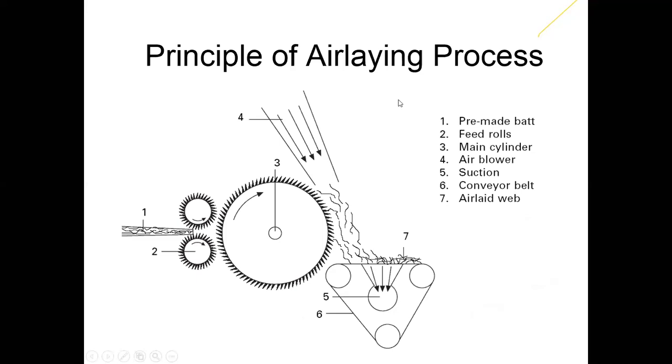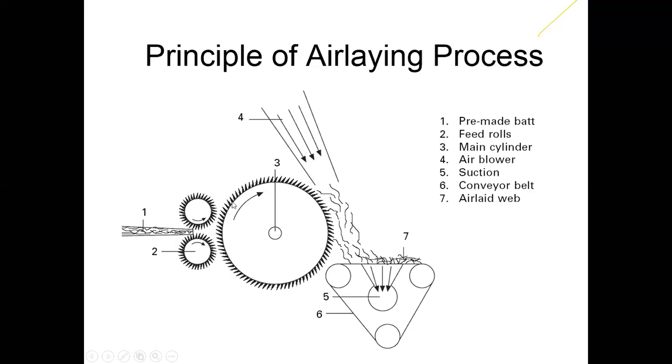So this is the air laying process. So how is it working? Here you are feeding the fibers with the opening rollers, and then we have a big opening roller. This is a feed, this is a bat, or you can say a lap of fibers. And then there are feed rollers. Then we have a main cylinder. So this is opening all the fibers. Then we have air blow.